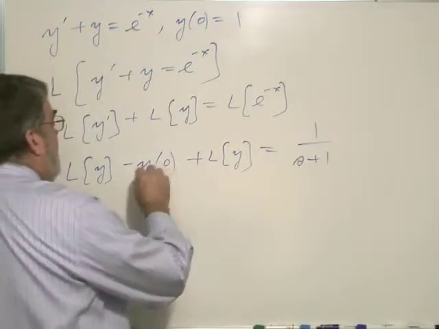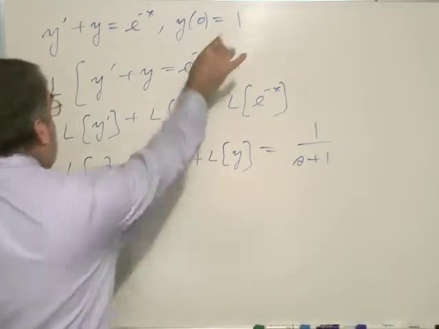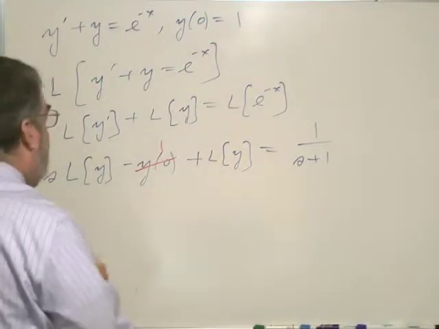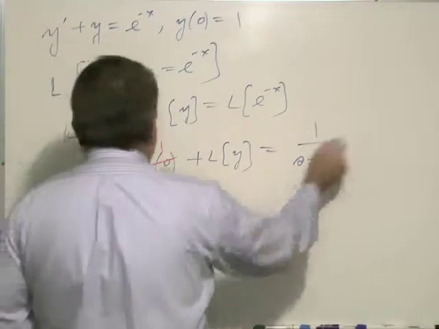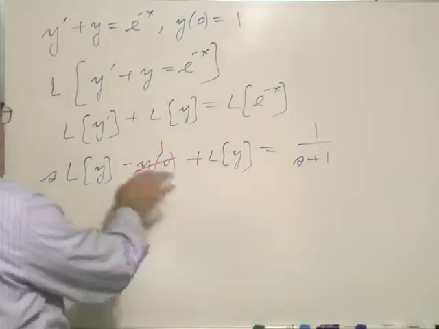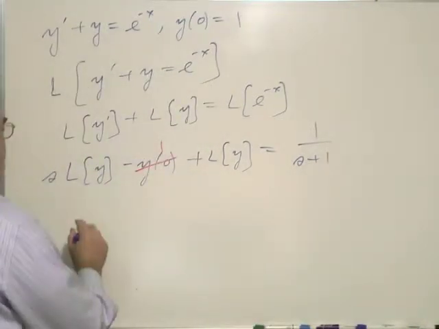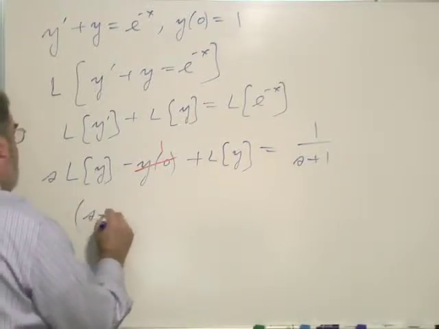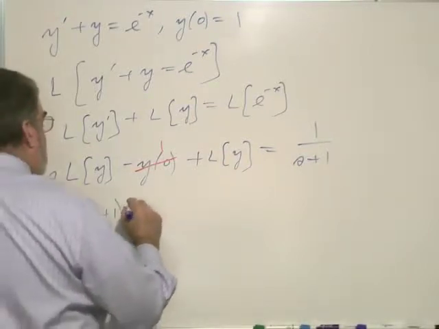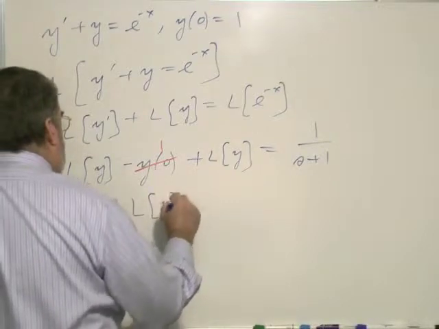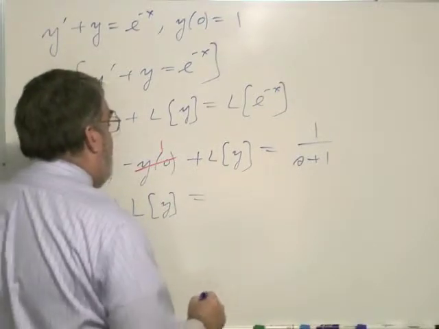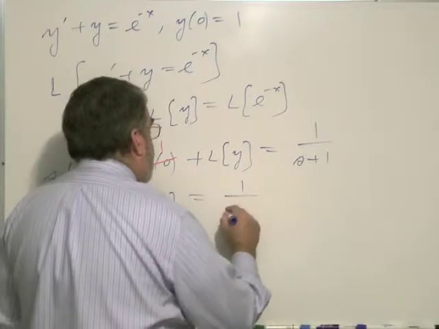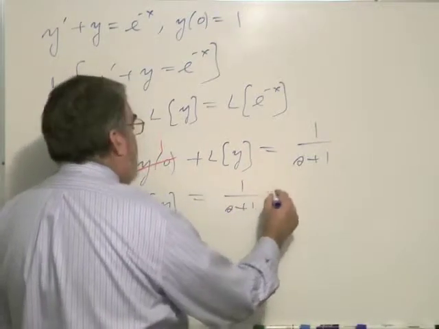Now then, I'm basically going to solve for the Laplace transform of y. But we can plug in 1 here because y at 0 is equal to 1. So I'm going to add 1 to the right side and factor out the Laplace transform. On the left side, I'm going to have s plus 1 times the Laplace transform of y. On the right side, I'll have 1 over s plus 1, plus 1.